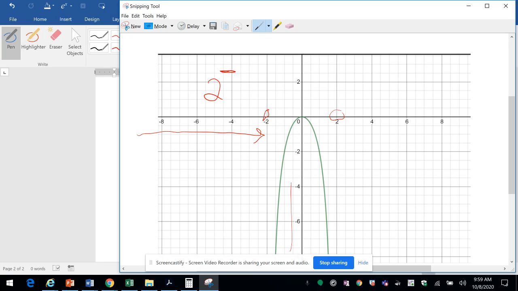Notice that the graph is going to negative infinity. As we approach that same value from the right, the graph is still going to negative infinity. Okay, so let me erase that.